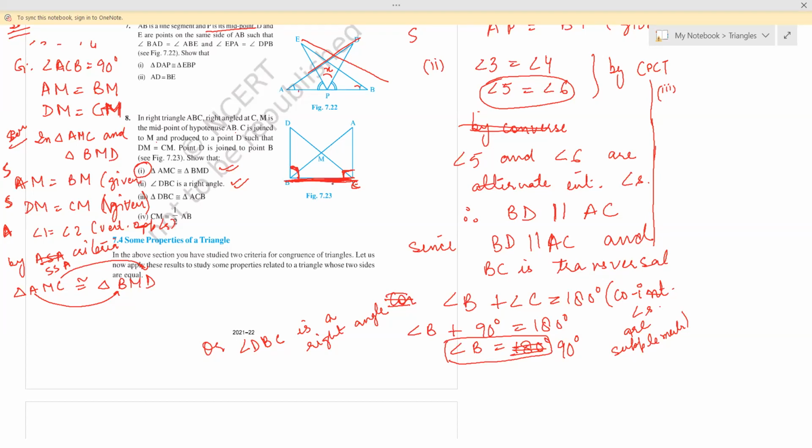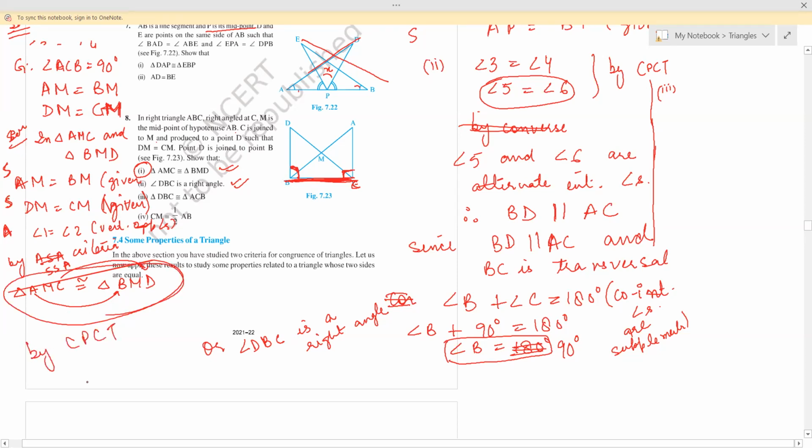Now we will do one thing. Look here, we have shown that these two triangles are congruent. Can I write by CPCT, the side BD is equal to side AC? Yes, ma'am. Okay.